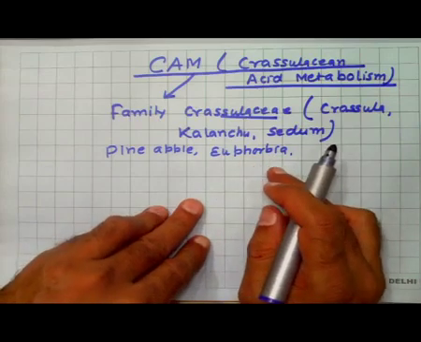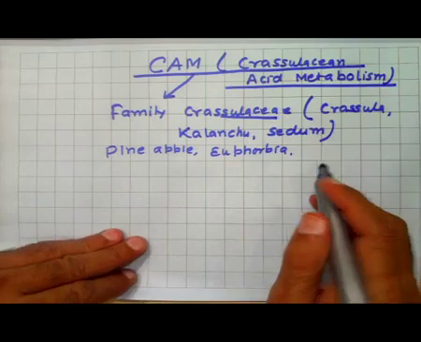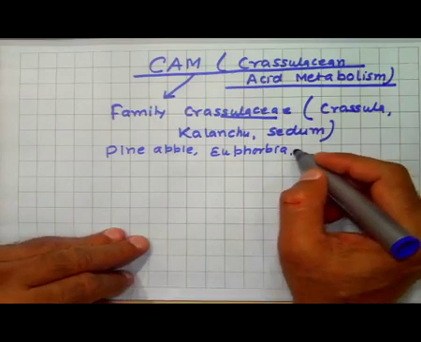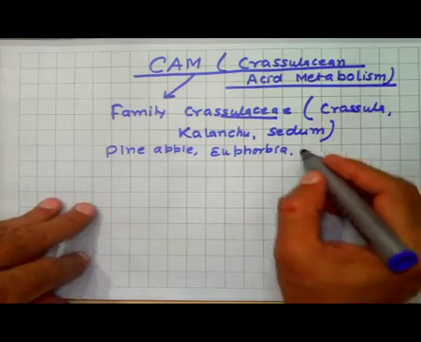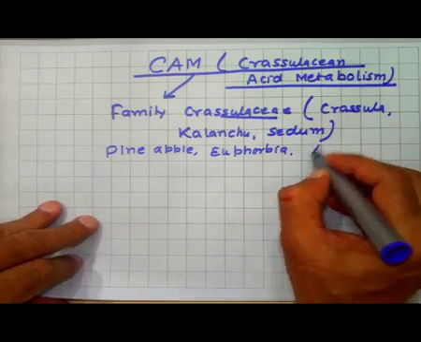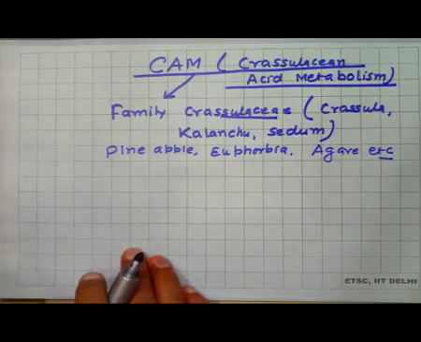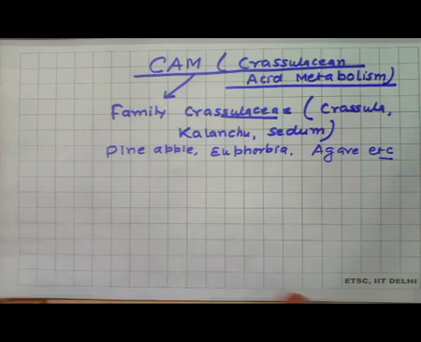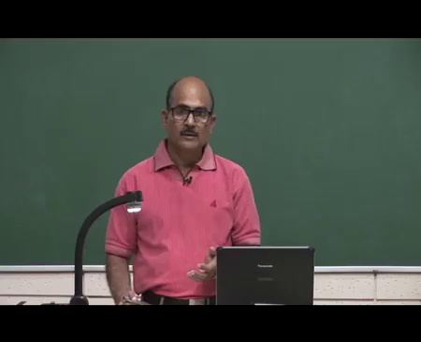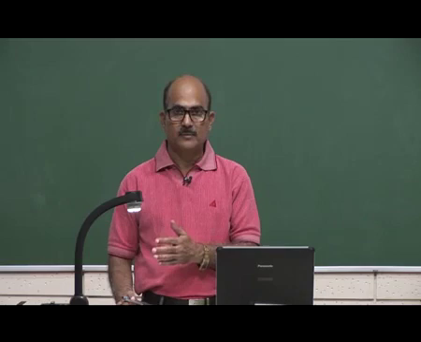In the Euphorbia genus, both C3 and C4 are present, and also agave, etc. Crassulacean acid metabolism takes place in hot and dry conditions, and in these cases the stomata of that particular plant close during the day hours and open during the night hours.